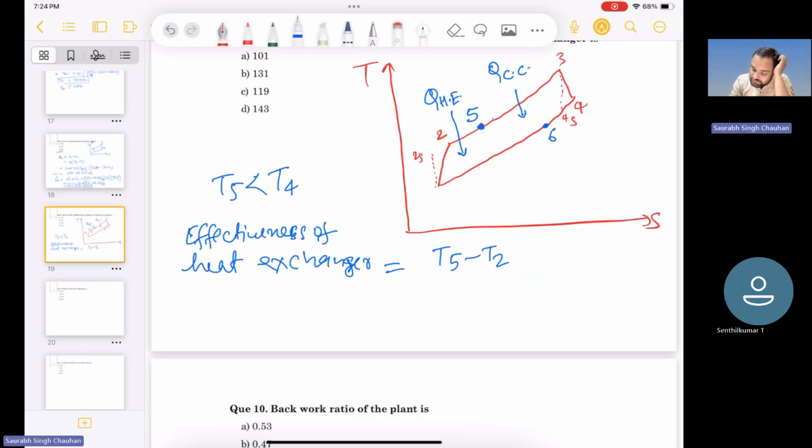So in the actual case, the increase in temperature is from 2 to 5. But if this heat exchanger had 100% effectiveness, then we could have reached the maximum point up to T4, right? If the heat exchanger has 100% effectiveness, then we could have increased the temperature up to T4, right?